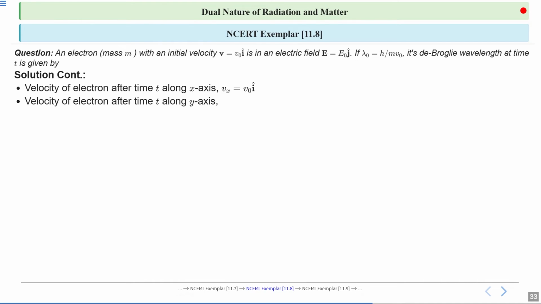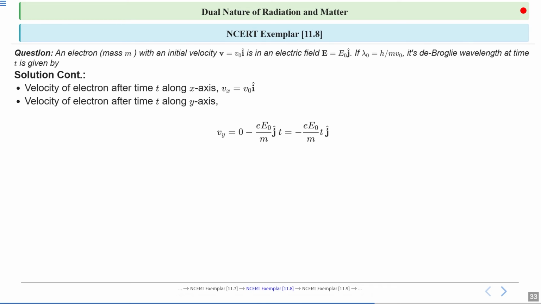Now let's focus on the y direction. The electric field exerts a force on the electron, causing it to accelerate along the y direction. The force is F equal to minus e E naught, where e is the electron's charge and E naught is the field strength.